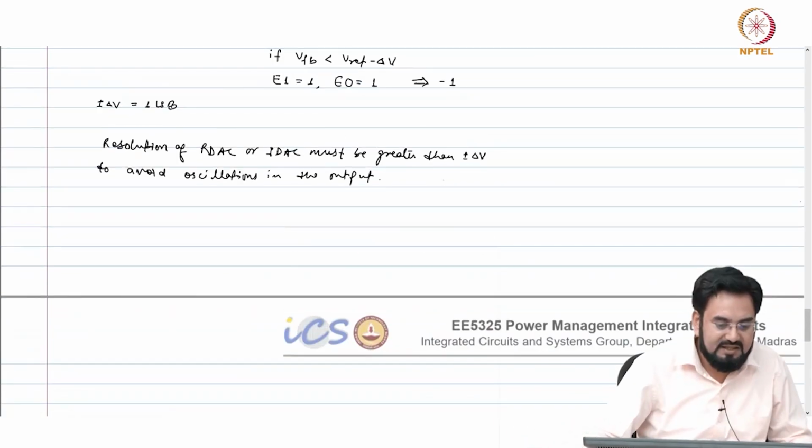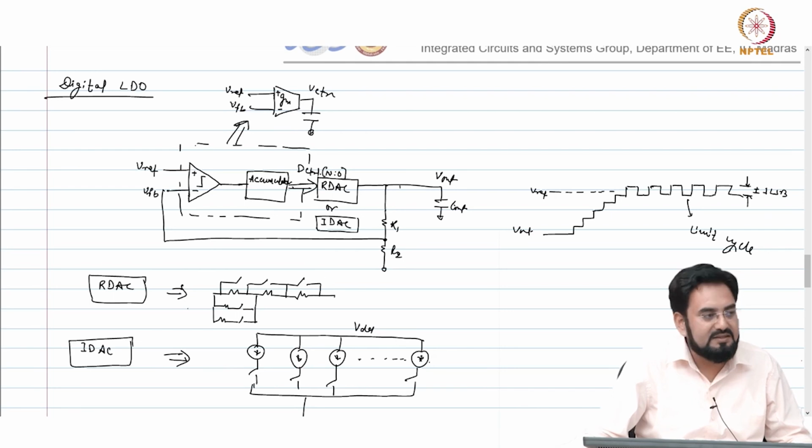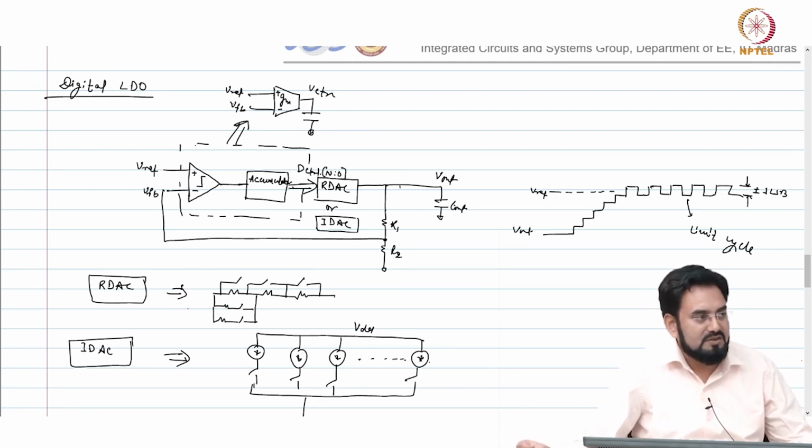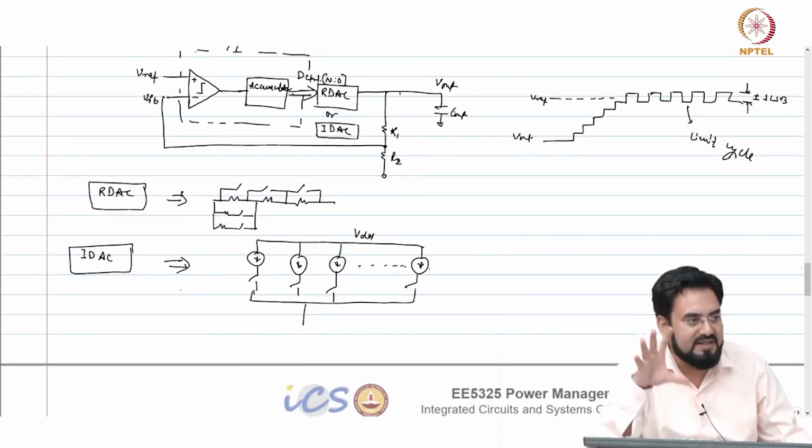So, there is one more technique we use, hybrid LDO, where you have a digital code and in parallel you add an analog loop also. So, what you do actually, let us say you have the same thing and take this feedback and add an error amplifier, everything same as analog, but that pass transistor will be very small.